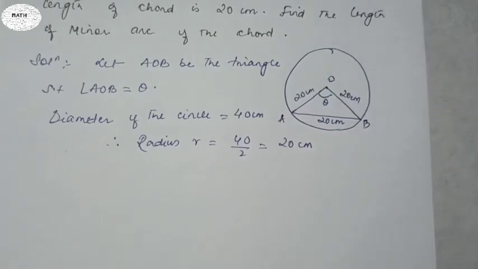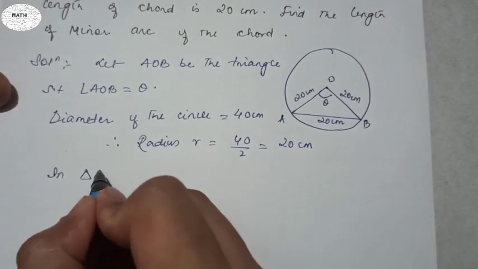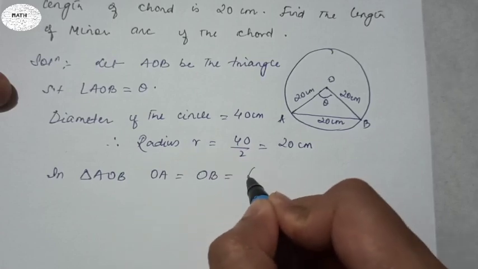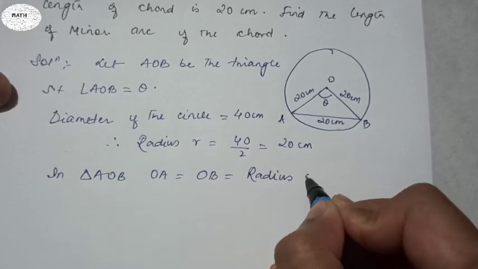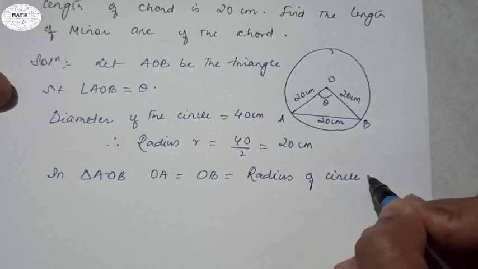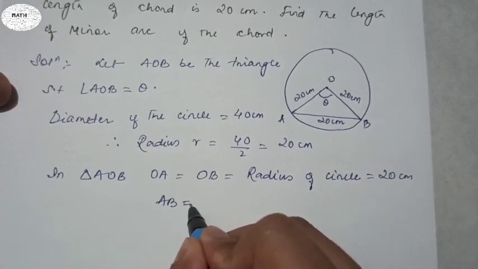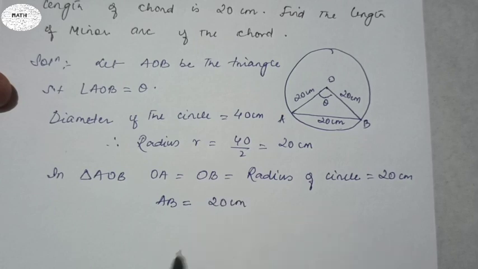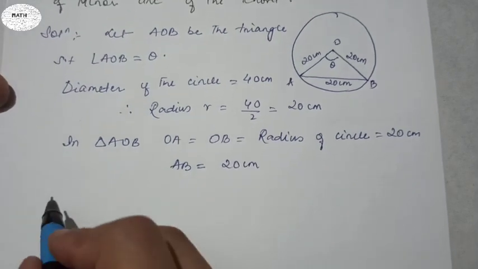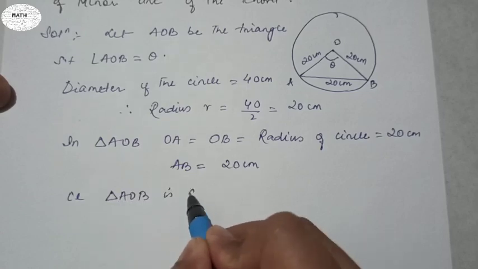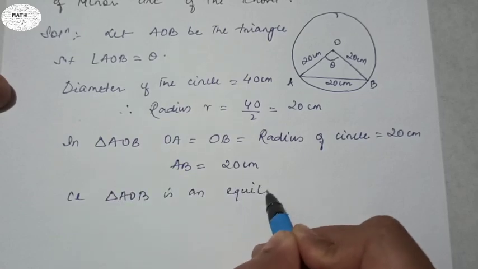Why? Because they are the radius of the circle. So in triangle AOB, OA is equal to OB is equal to the radius of the circle, that's 20 cm, and similarly your AB is equal to 20 cm. Why? Because that's the length of the chord. So I can say that triangle AOB is an equilateral triangle.